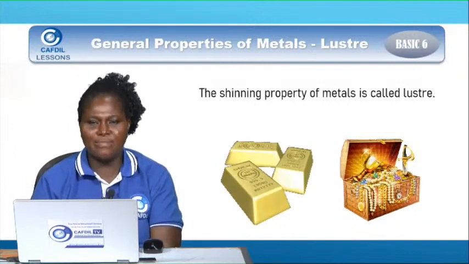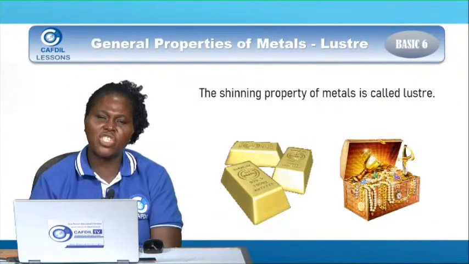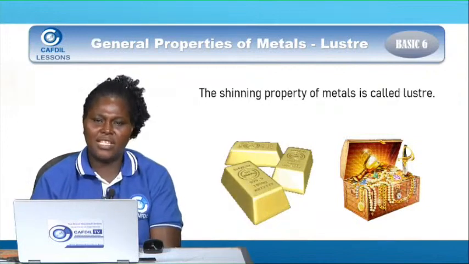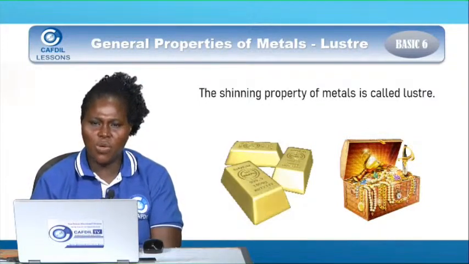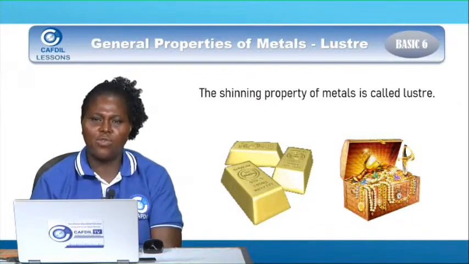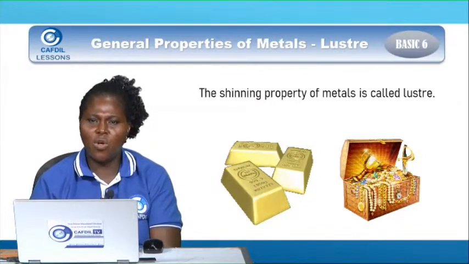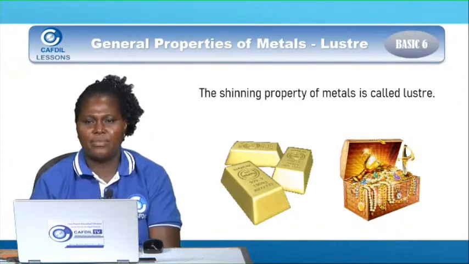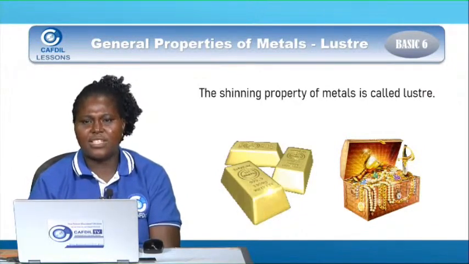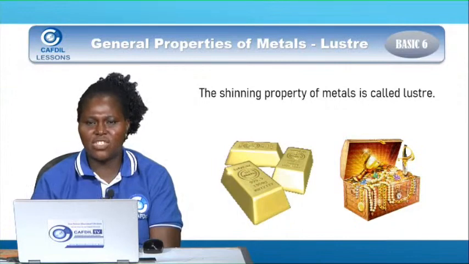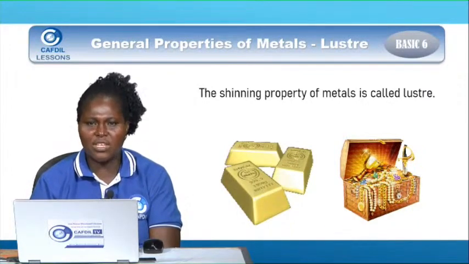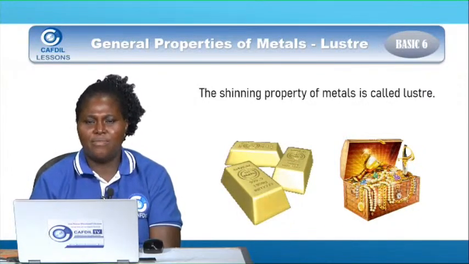Now we have gold metal. Because of its shining nature, it is used as jewels. We have a gold jewel and a gold cup. Its shining nature allows it to be made into jewelleries.